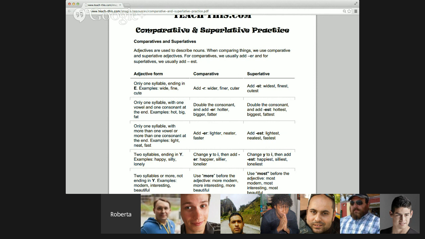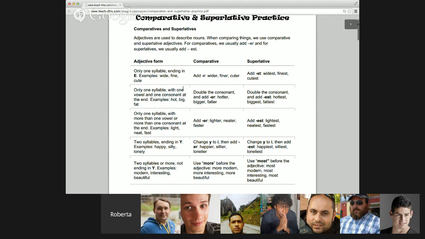And you've probably seen these different adjectives in a lot of places, but for today we're going to look a little bit at the rules because I want you to use comparatives and superlatives when we are comparing and contrasting things, okay? Andre, if you can read this section. It says adjective form, comparative, and superlative.